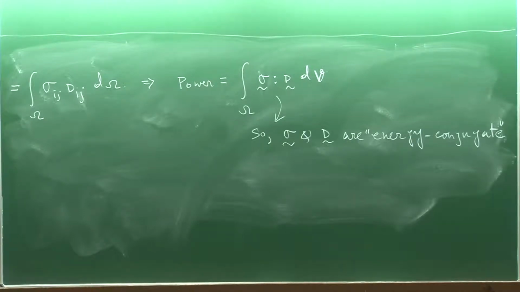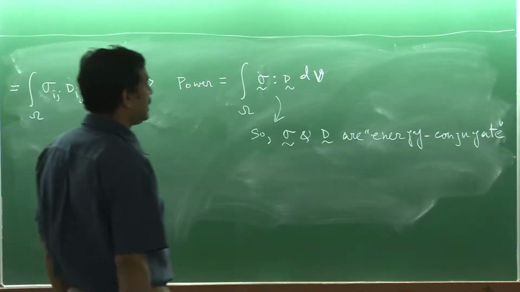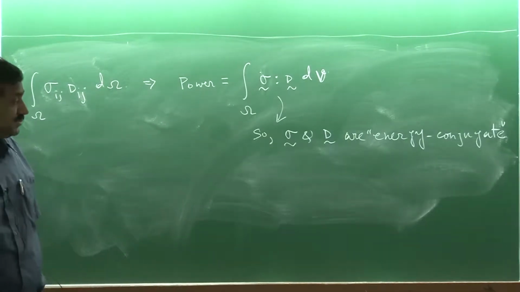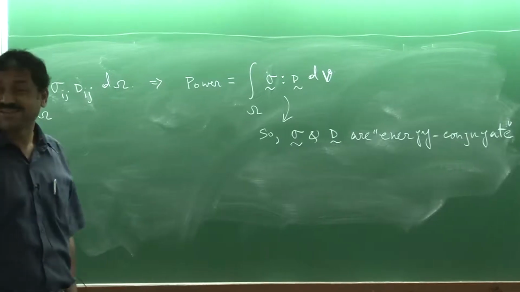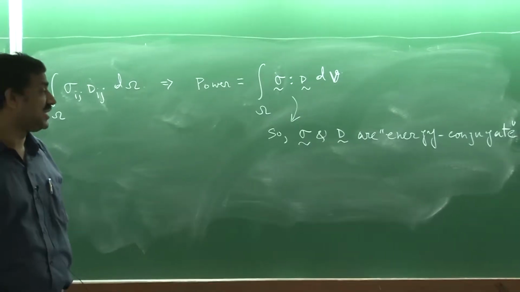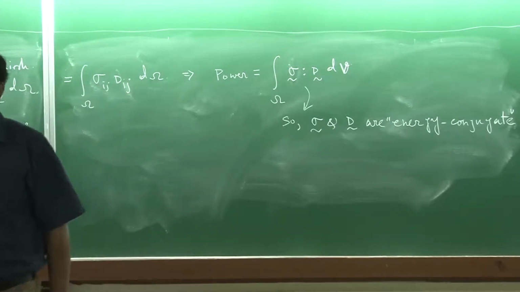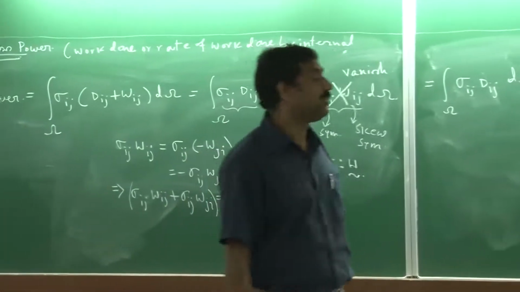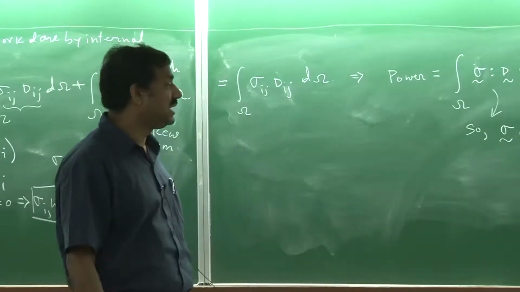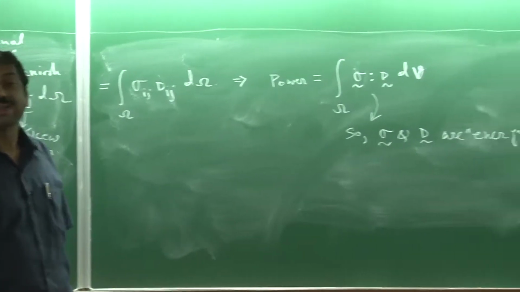There are two interpretations of this, I will tell you later, but this is a very important relationship: the Cauchy stress tensor is energy conjugate to the rate of deformation tensor. Because they are energy conjugate, we can define some potential function, and one can be obtained as a gradient of the potential function with respect to the other.